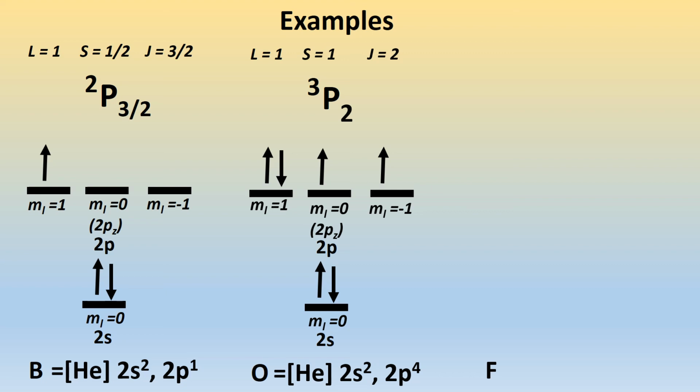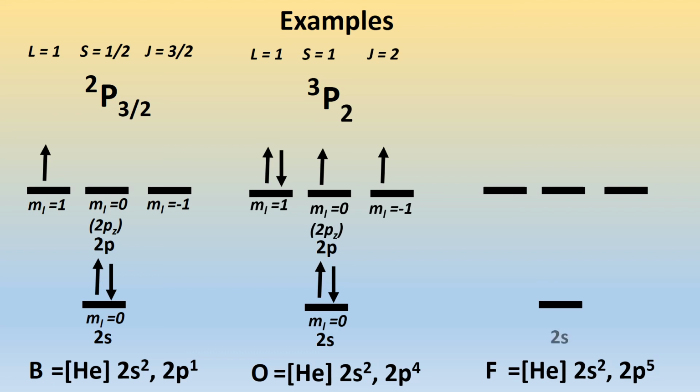Moving on, oxygen, which has a ground state configuration of helium 2s2 2p4. We once again start by putting all the orbitals in their proper location, with the 2s level on the bottom, the 2p level on top, where the 2s level has an m sub L of 0, and the 2p level has values of 1, minus 1, and 0.